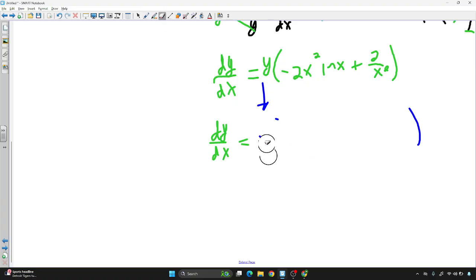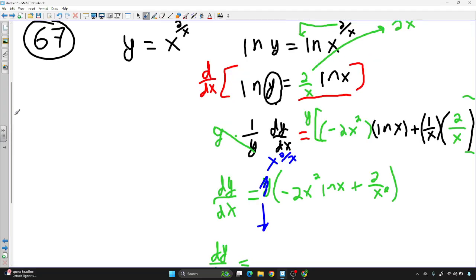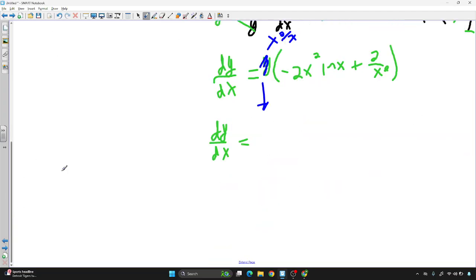So what that will give us is, what was that, x to the 2 over x, I think. So if that's x to the 2 over x, then we need to simply distribute it. So I guess what we'll have is negative 2x squared. I think I could add these exponents, but it just seems a little odd to do that.